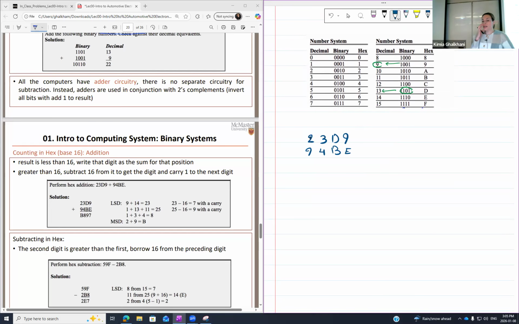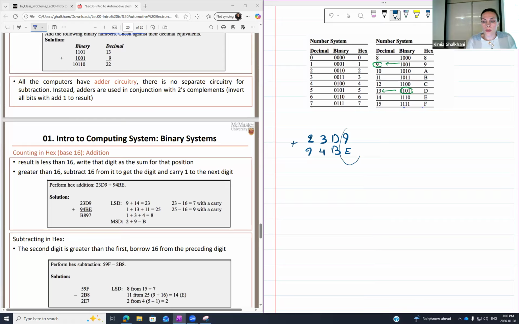Again, either I have the option to individually figure out what the decimal equivalent is for each of these two numbers, or I can add them up and then convert them. So now I'm going to do it like this.